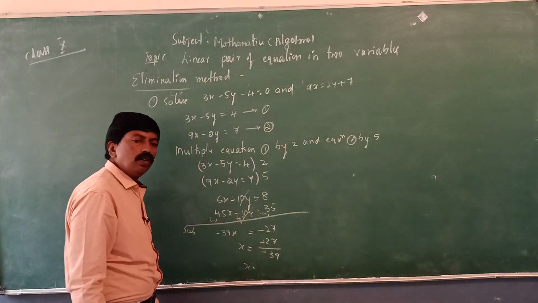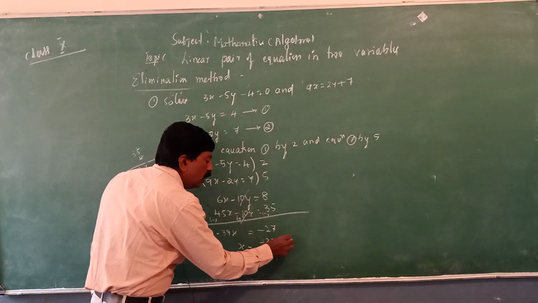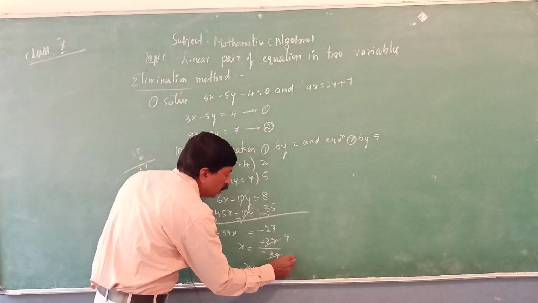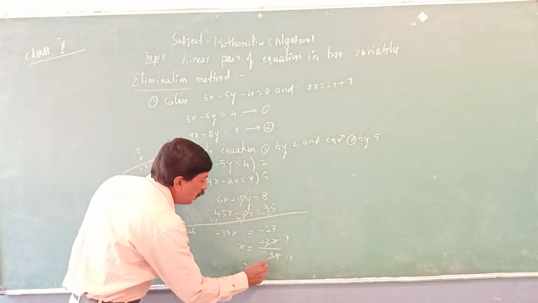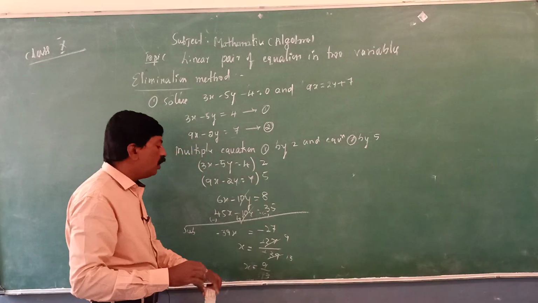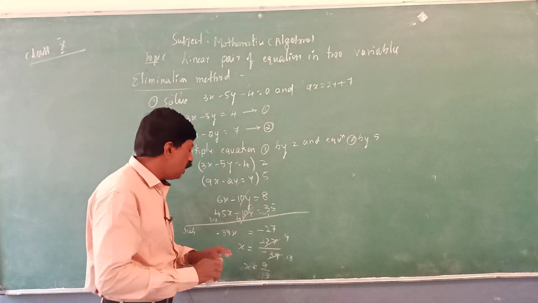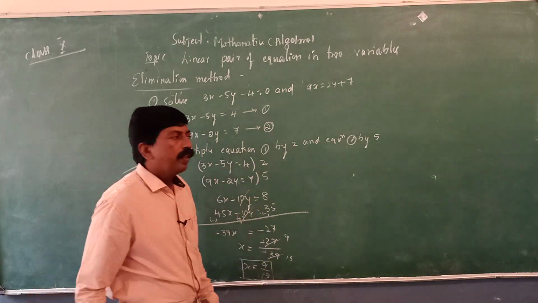X is equal to, now observe. 3 9s are 27, 3 13s are 39, so it is 9 by 13. Once again observe: 3 9s are 27, 3 13s are 39. So 9 by 13 is the x value.